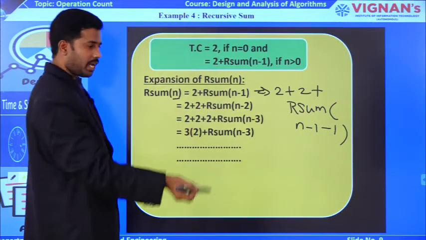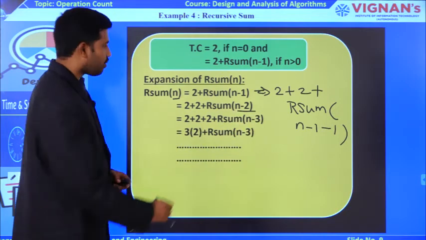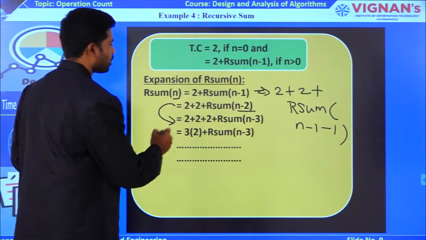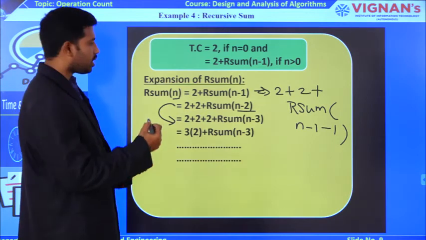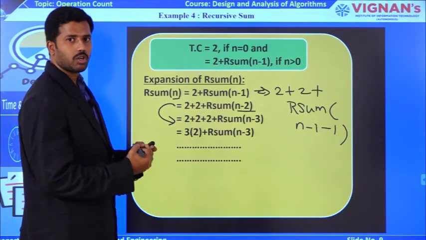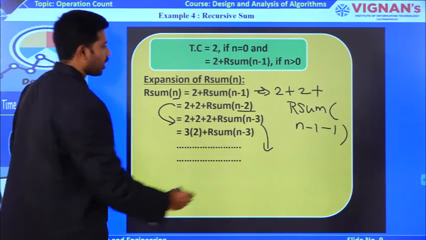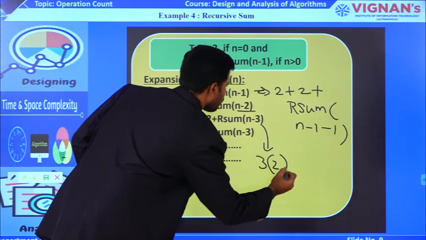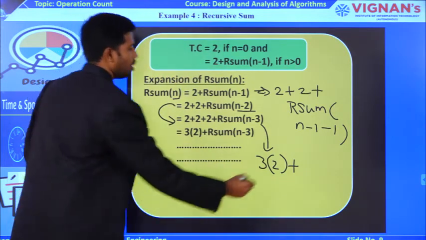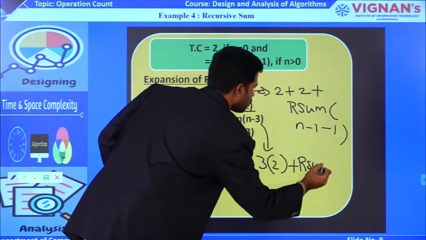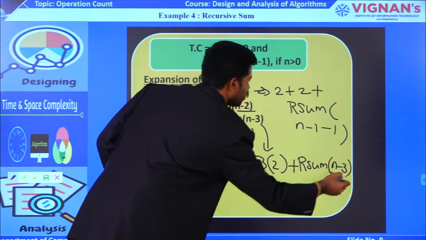So n minus 1 becomes n minus 2. Likewise you update the substitution method a third time. After applying this a number of times, your equation is going to be converted in an expanded way. In n terms, it looks like 3 of 2 plus recursive sum of n minus 3.